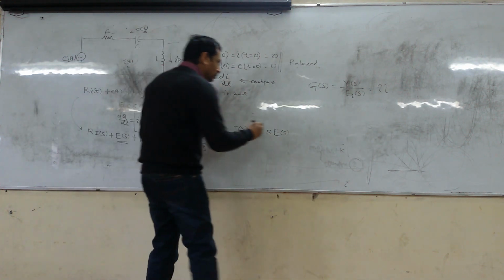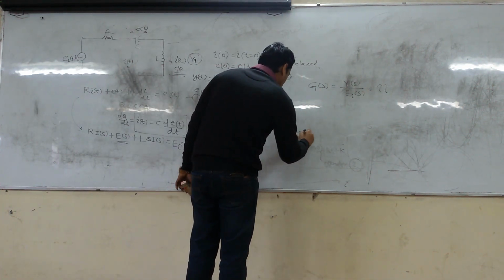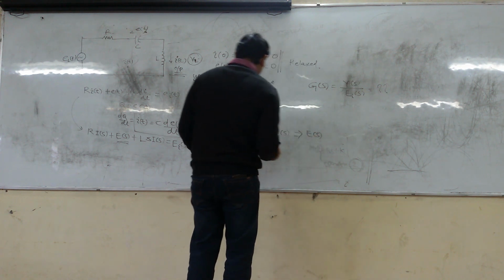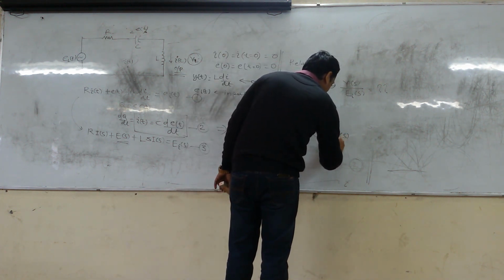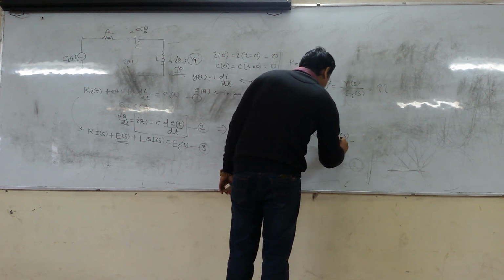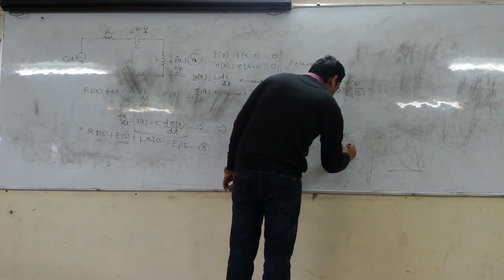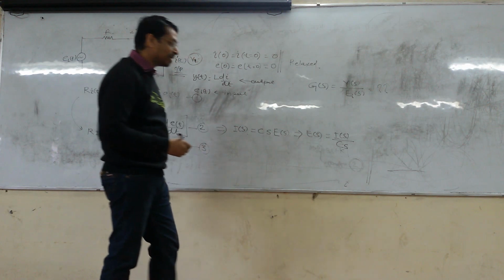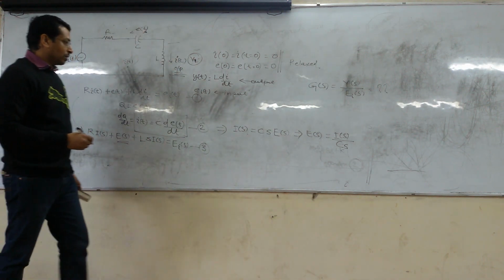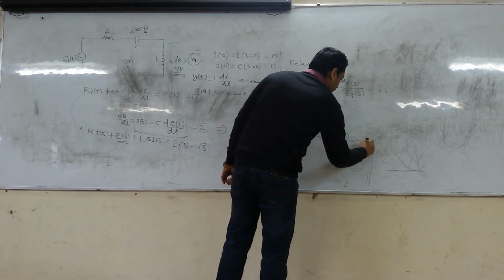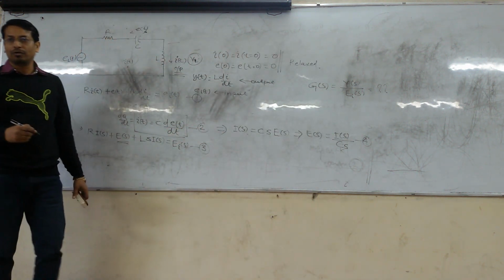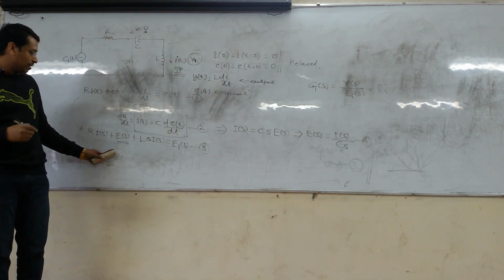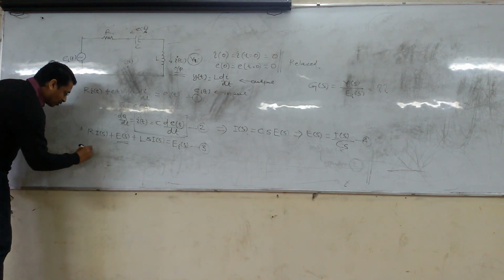Okay. So what I can write? E(s) will be equal to I(s) upon C multiplied by S. Correct? So this is equation 4. Putting the value of E(s) from equation 4 into equation 3, what you will get?